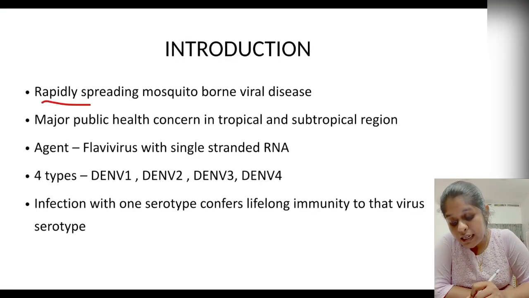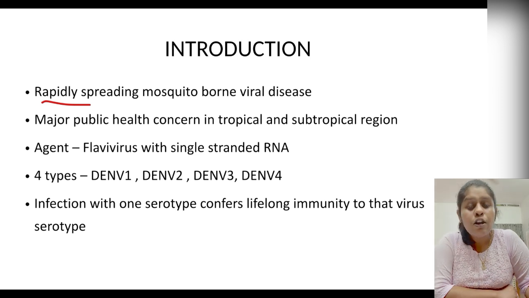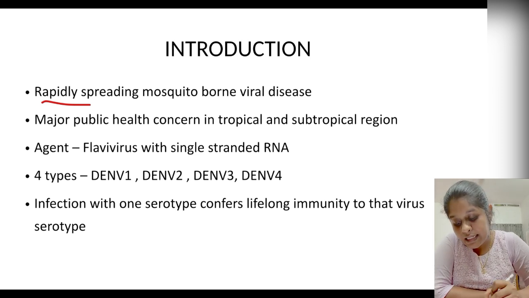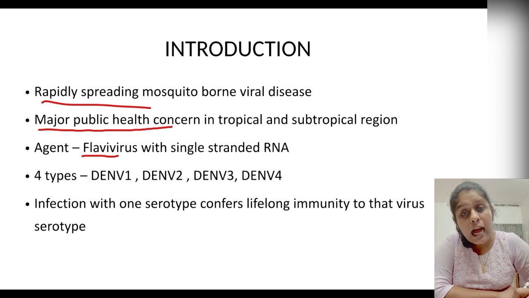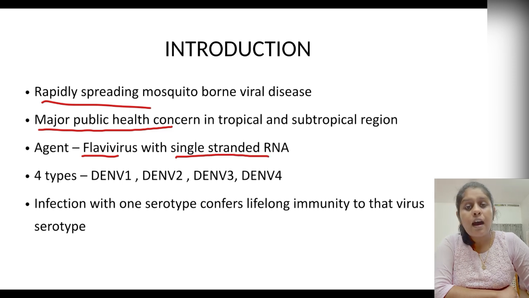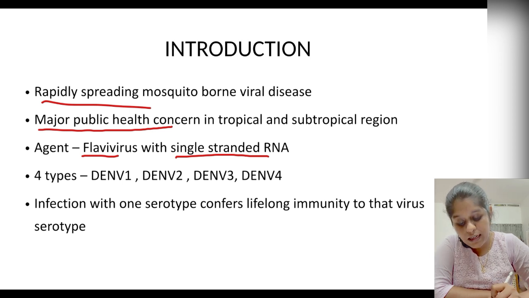So we know that dengue is a rapidly spreading mosquito-borne viral disease and it's a major public health concern in tropical and subtropical regions. The agent is a flavivirus with single-stranded RNA. The dengue virus can be of four types: dengue 1, dengue 2, dengue 3, and dengue 4.